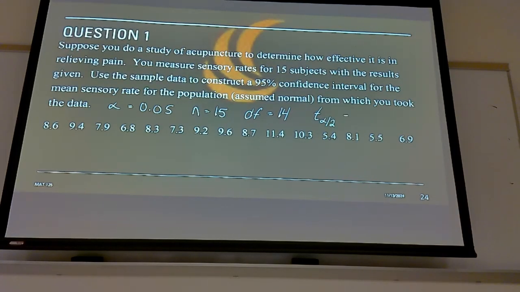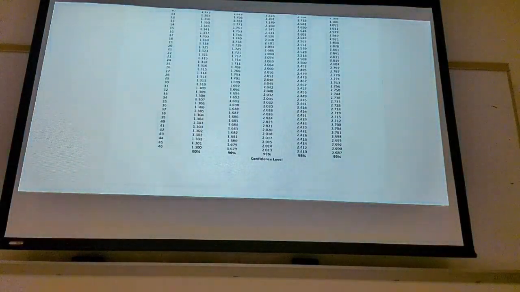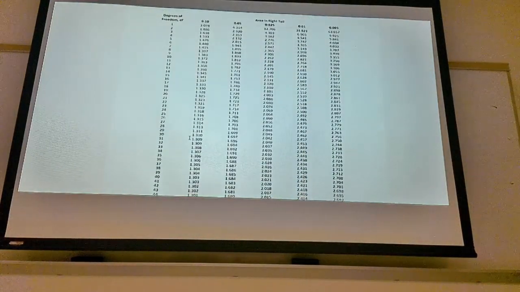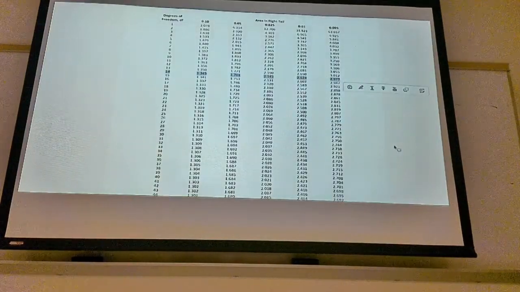So we have to come to table C. Look for degree of freedom 14, that row. Which area do you want? It's actually for 95%. So what area? Because I don't have the confidence interval. I'm going to show you how to do it both ways.